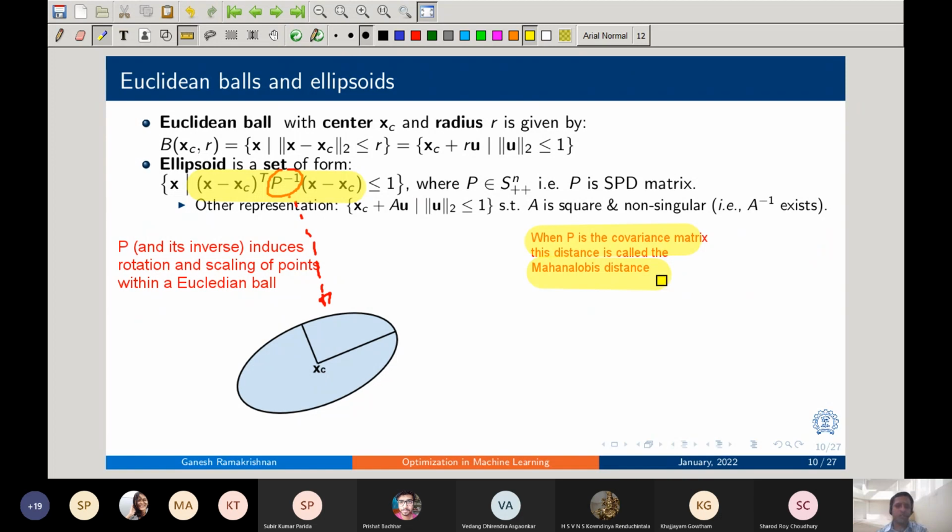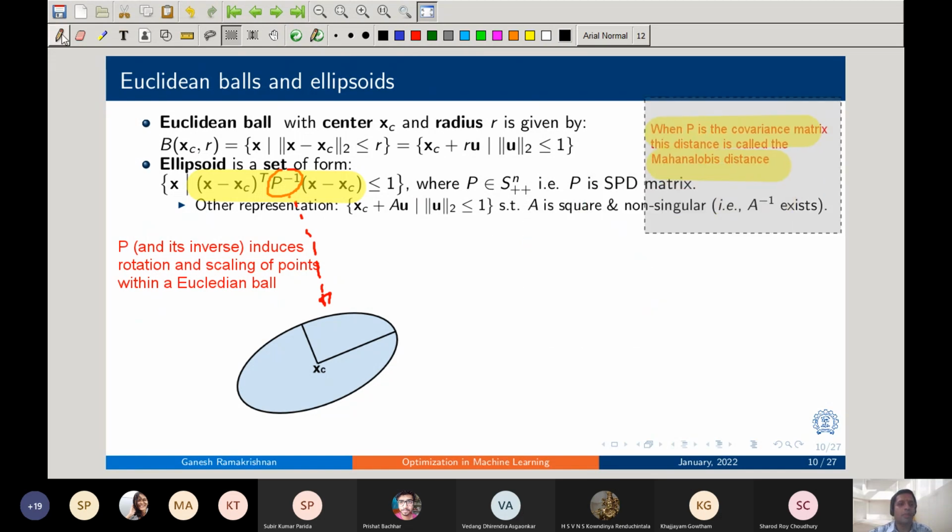There are also other representations: xc plus Au, such that the two-norm of u is less than or equal to 1. Okay. So you can show, again, this comes from lots of matrix equivalences, that you can get this representation by transforming P into A. Again, I'll leave this as a homework problem for you.